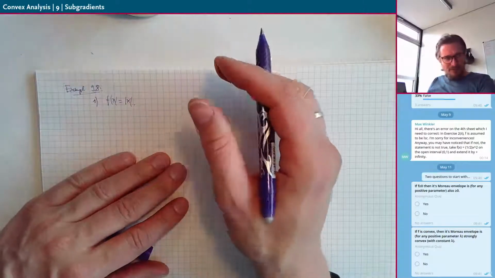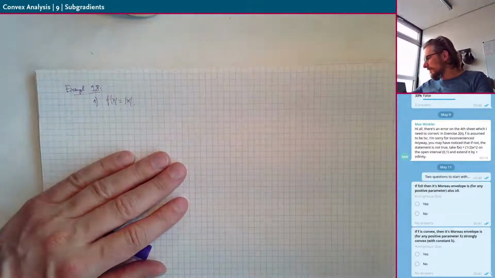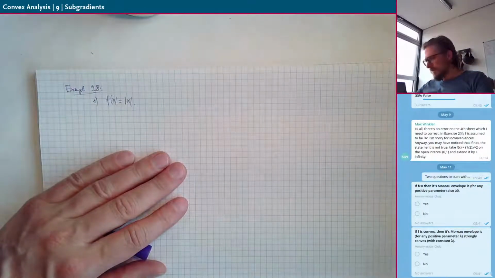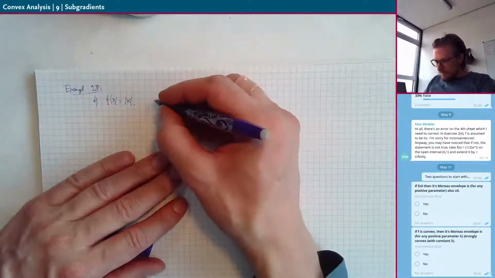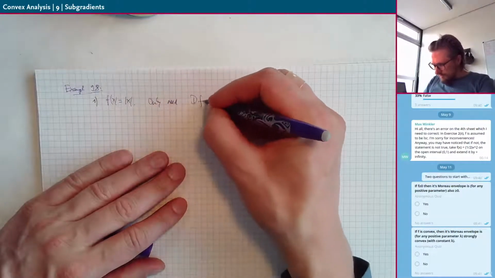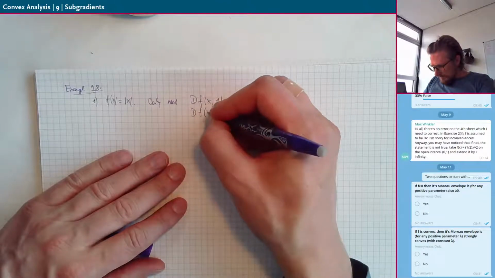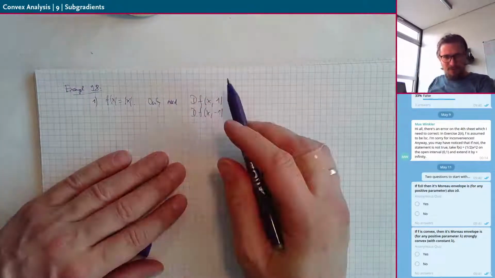You can calculate the subgradient completely from the directional derivatives. So you only need to know the directional derivatives of f in direction 1 and in direction -1.